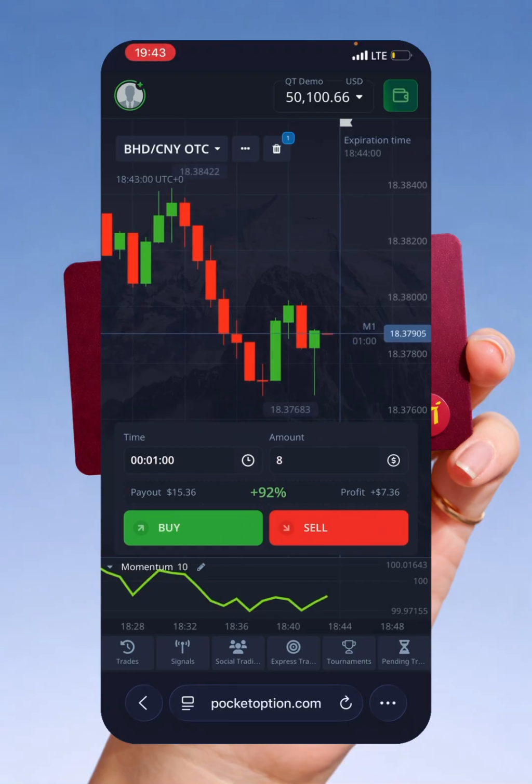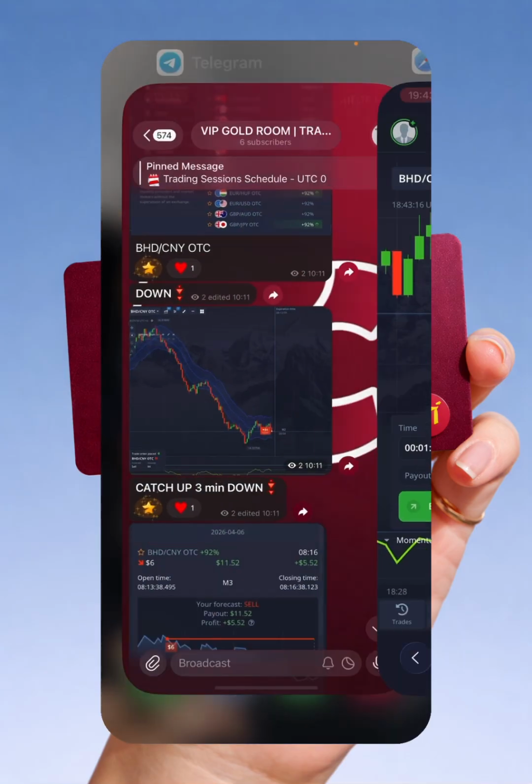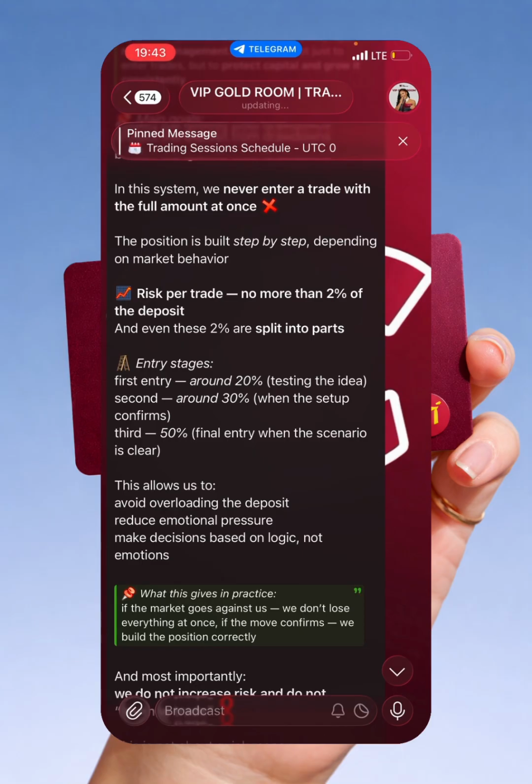So now this is how to protect your capital. Even with 2% of your bankroll or 1% of your bankroll, you're still going to split it. I split it into 3. I'm going to show you. So read this. I'm not going to read all of that. For the entry stages, I'm using 20% of my 2% of my bankroll.